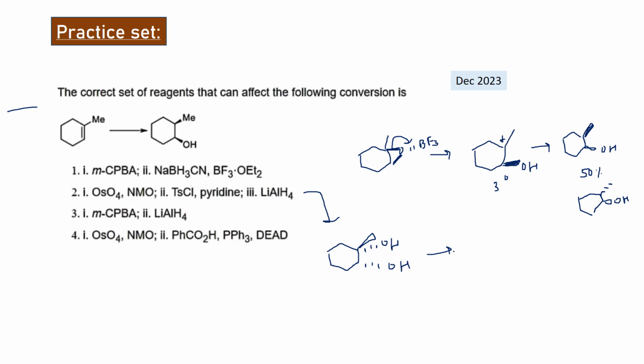Now if we add TsCl, this OH will be tosylated, and by addition of LiAlH4, it becomes substituted, and we get this as our product.